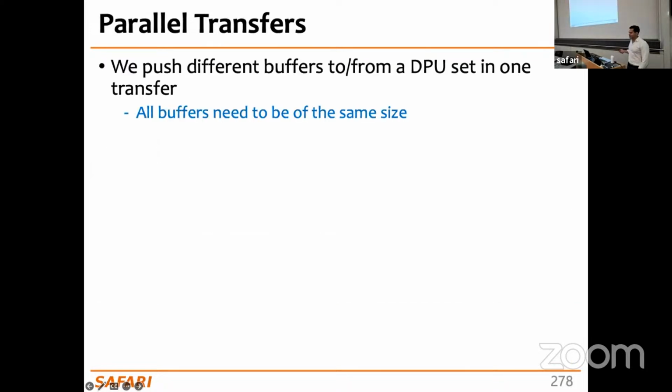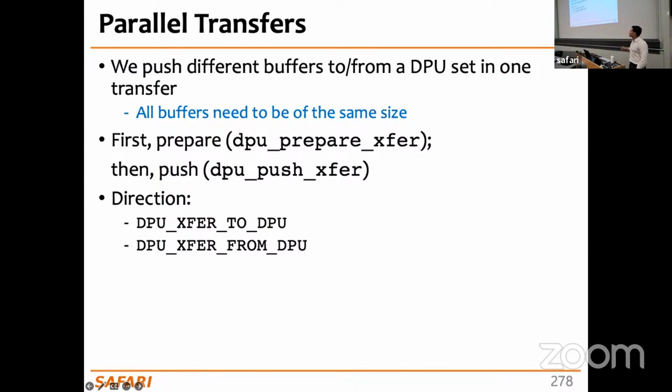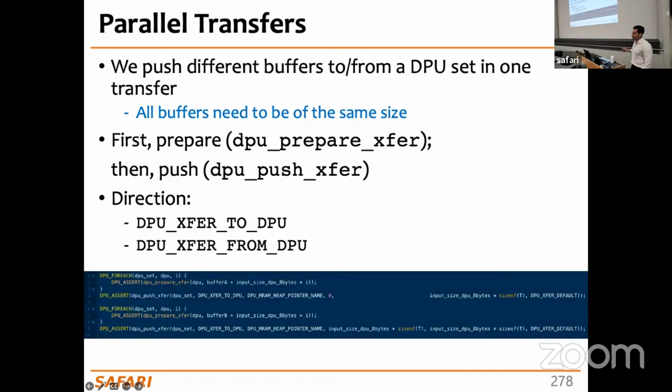For the parallel data transfers, we have a similar process, but we have different APIs. We have the DPU push xfer to the DPU or from, but you need to prepare the data beforehand because this is going to be a DMA transfer basically. So the idea is similar: for each DPU in the DPU set, you do a DPU transfer. You prepare the data first, pointing to the location that you want to copy from in the host main memory, and then you push by doing DPU push xfer with the direction.